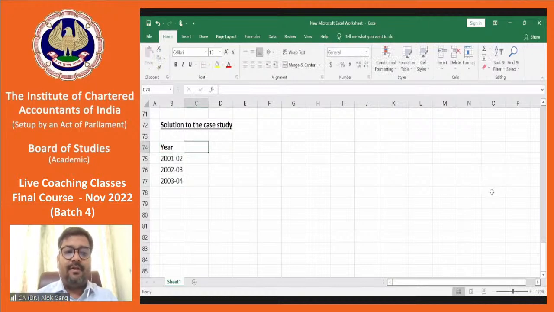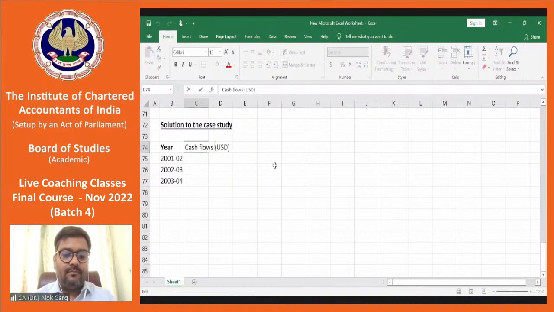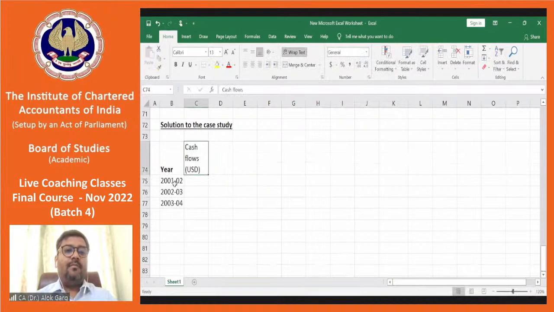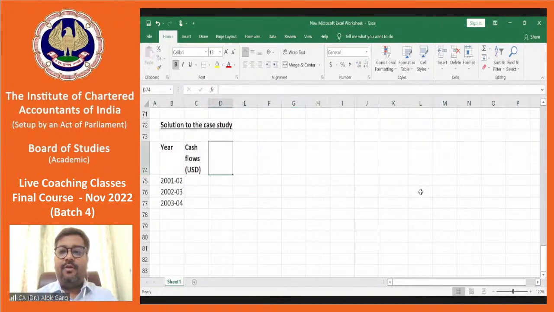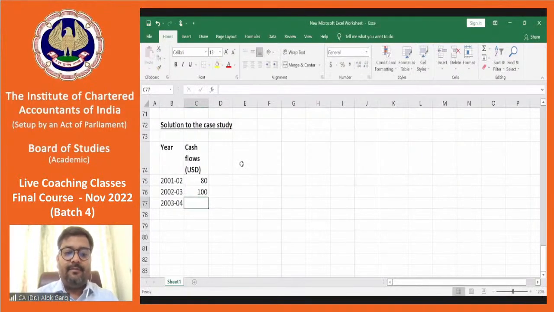So these are the years which are given, and the cash flows in US dollars are also given. In the first year it was $80, $100 in the next year, $20 in the third year. 80, 100, and 20.